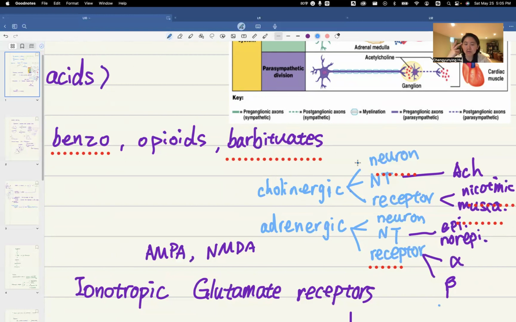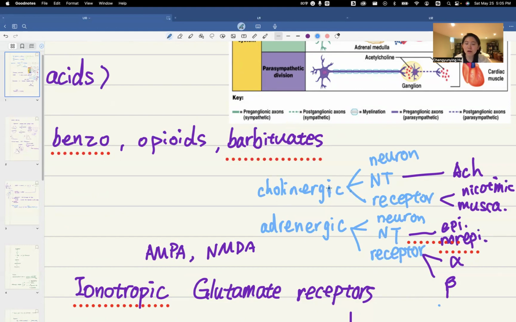In the first group, cholinergic, the neuron is just called a cholinergic neuron, and the neurotransmitter is acetylcholine.